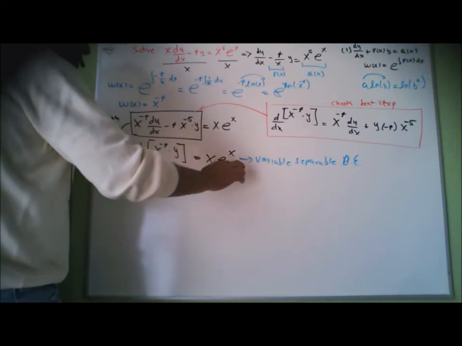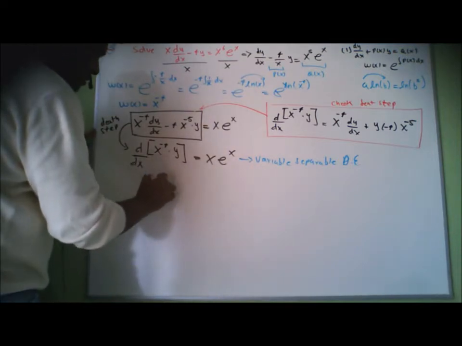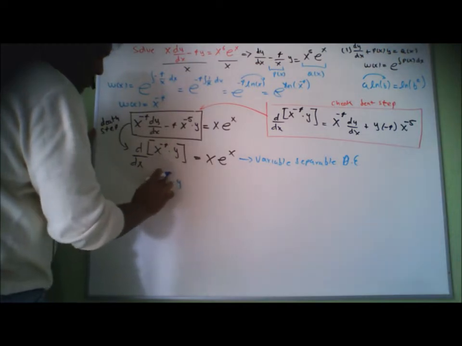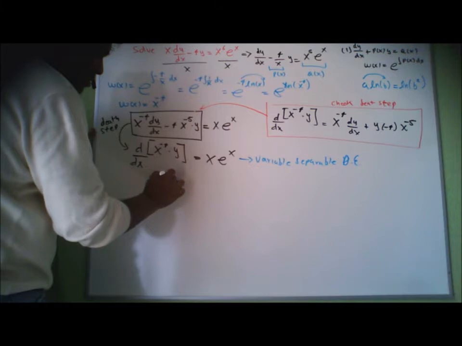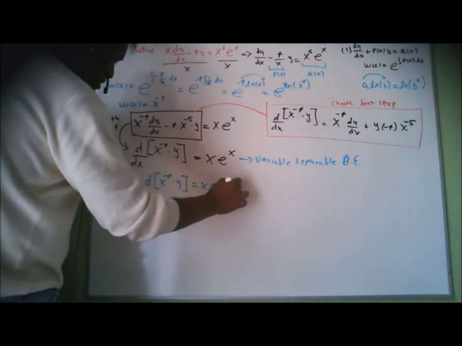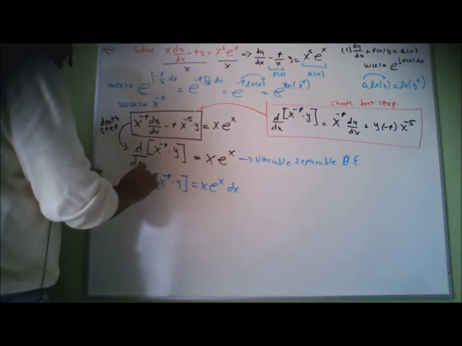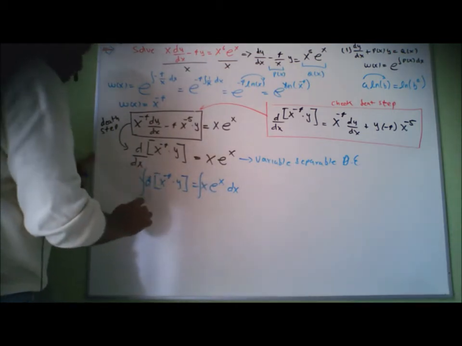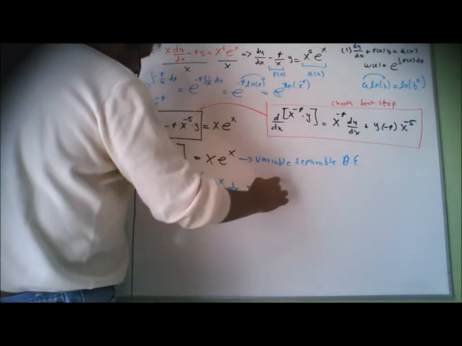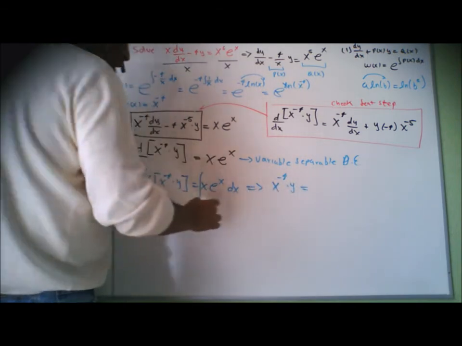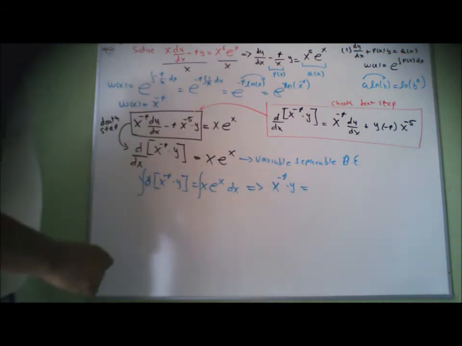The differential of x goes to the other side: the differential of x to the power minus 4 times y equals x exponential of x, differential of x. And then let's apply the integrals, alright? So this and this cancel. What you get here is x to the power minus 4 times y equal to the integral of x exponential of x.